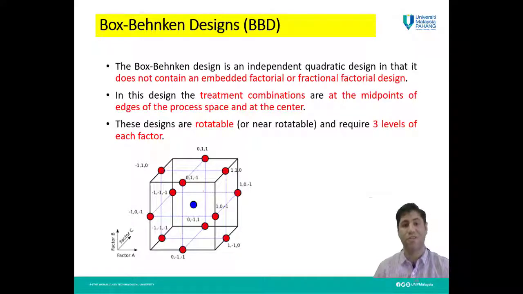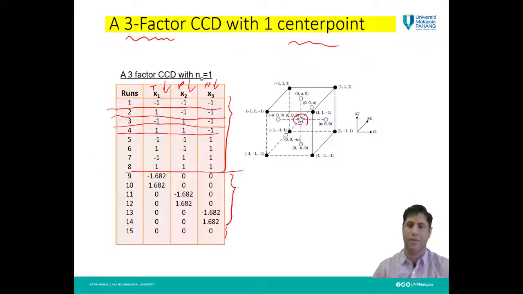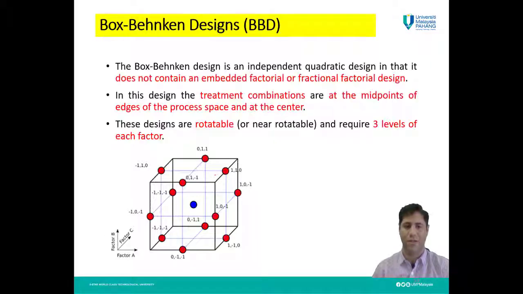If you notice here, we have changed that factorial design. In the CCD design, we already have the factorial points, but in the BBD design, we have removed those factorial points. Then in this design, treatment combinations are at the midpoint, as I said, at the midpoint of the edges of the process space and at the center.